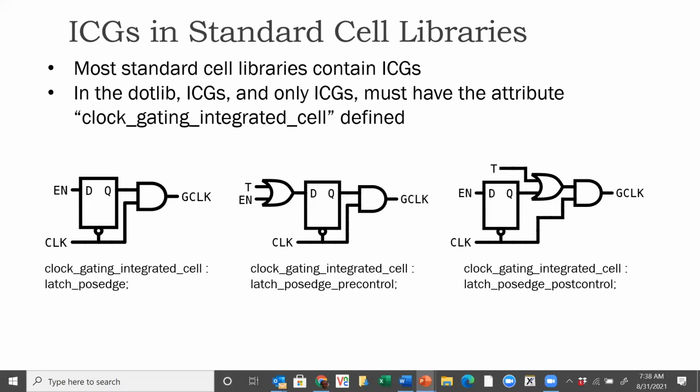And in one of the homework assignments, I will ask you to look at different standard cell libraries and find out what are the names of the ICG cells and what type of ICG cells you have in the library. When you do that assignment, you will need to search for this clock_gating_integrated_cell attribute that will only be defined for ICG cells. All other standard cells will not have this attribute defined.